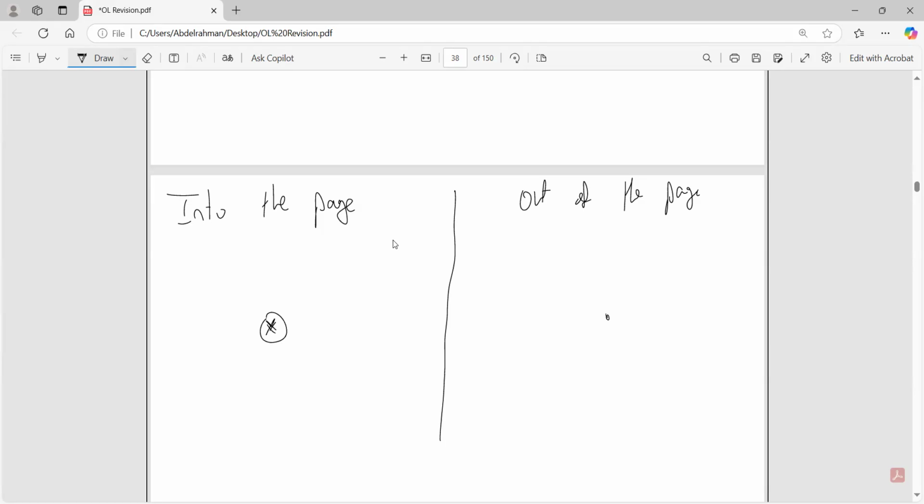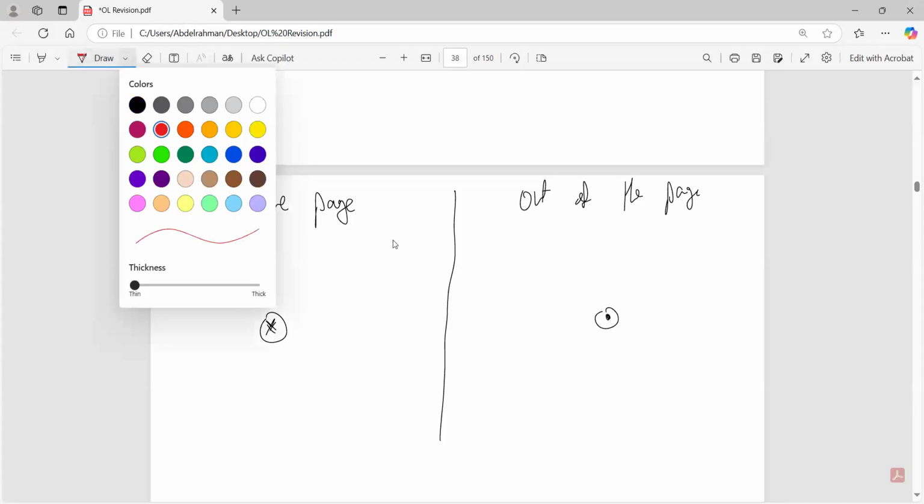Out of the page is a very small dot, indicating that the current is moving outside of the page, towards you. Into the page, using the right hand rule grip, you'd find that the thumb is moving into the page, and the remaining fingers are rotating in a clockwise manner. So the direction of the magnetic field would be clockwise.